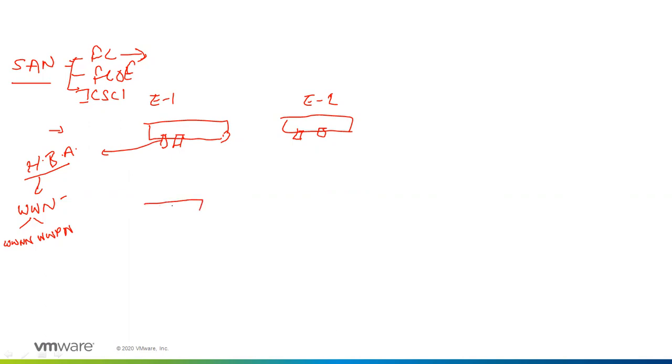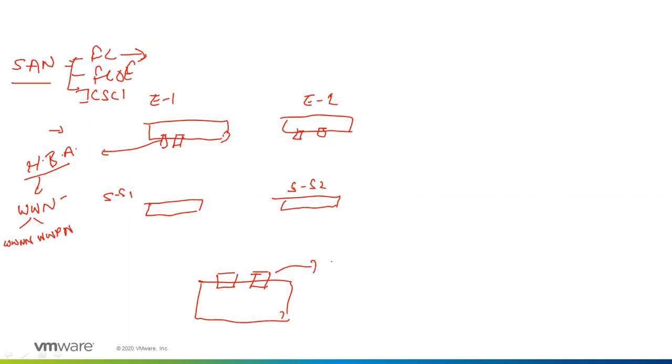Then these HBAs will be connected to the storage switches. These are my storage switches. For redundancy purposes, we have to use two storage switches, and these storage switches will be connected to your storage fabric or your actual storage. That storage again will have the storage controllers. So storage controllers are nothing but a kind of server.